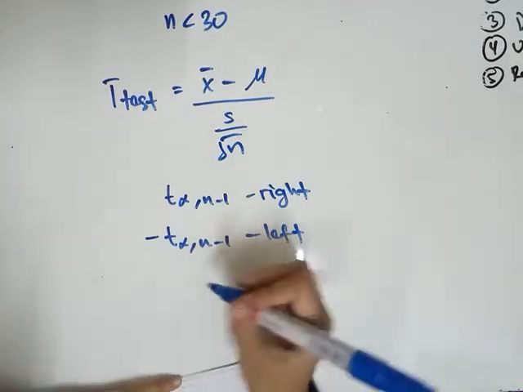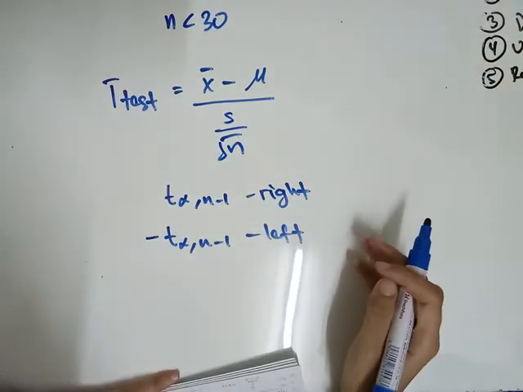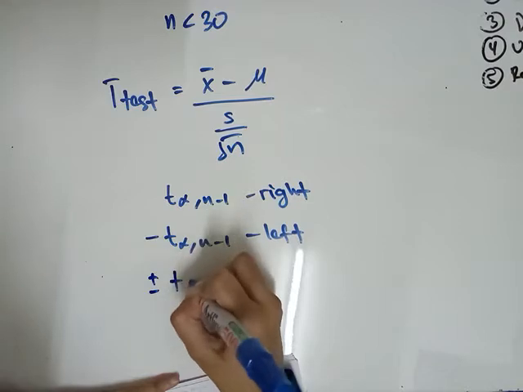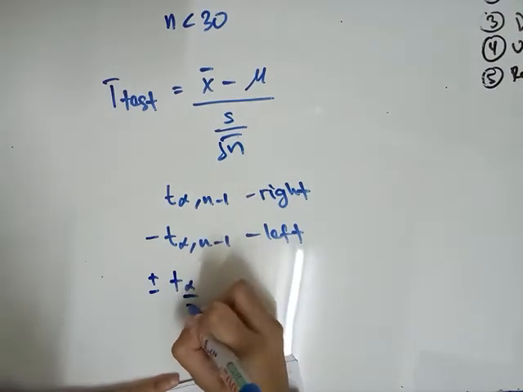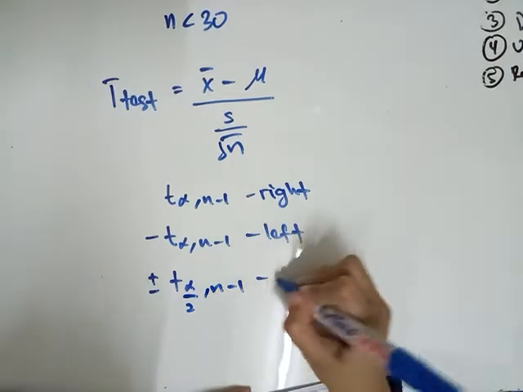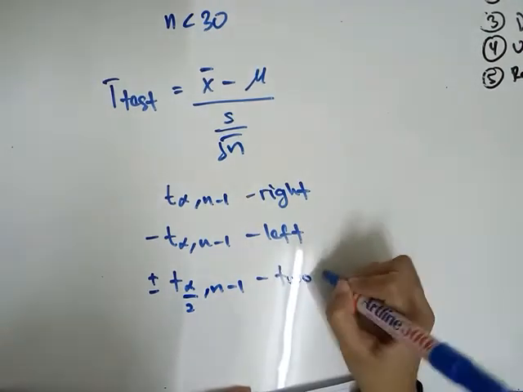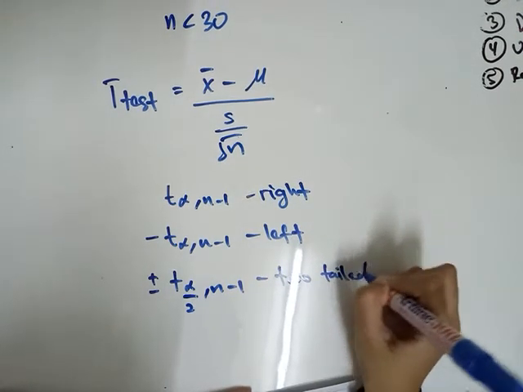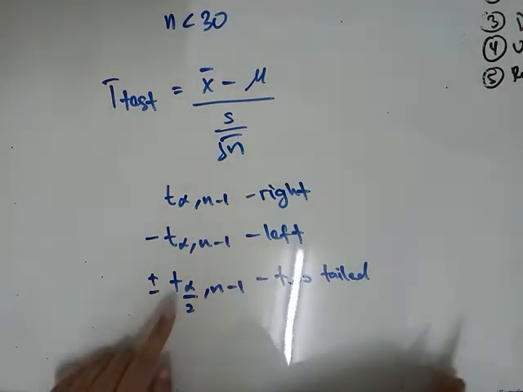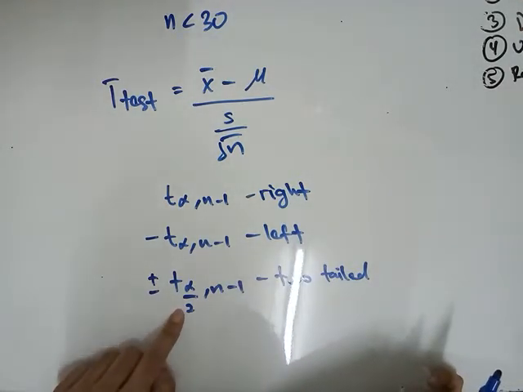And when we need to test two tail of the area, you need to put positive and negative t alpha divided by 2, n minus 1. It has positive and negative, and the alpha needs to be divided by 2.